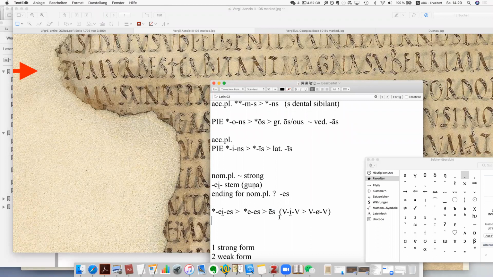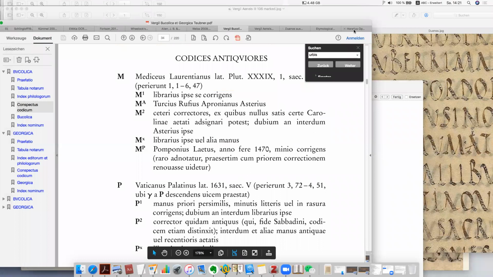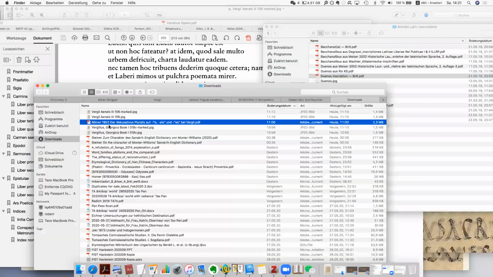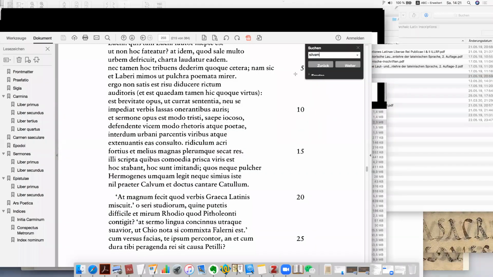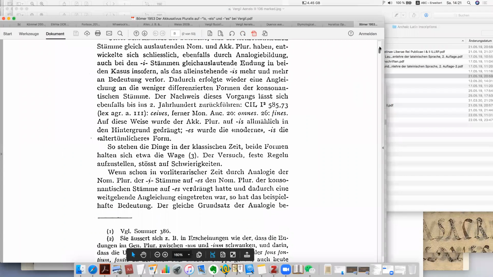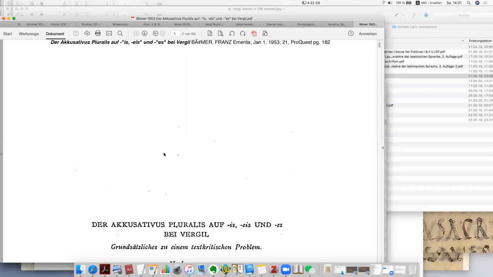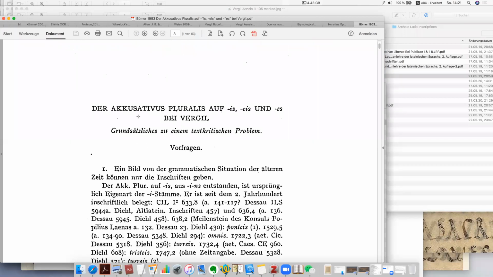So this is the explanation. And actually, in manuscripts or in inscriptions, you still find it. There's actually a paper called the accusative plural in is or as or s in Vedic.